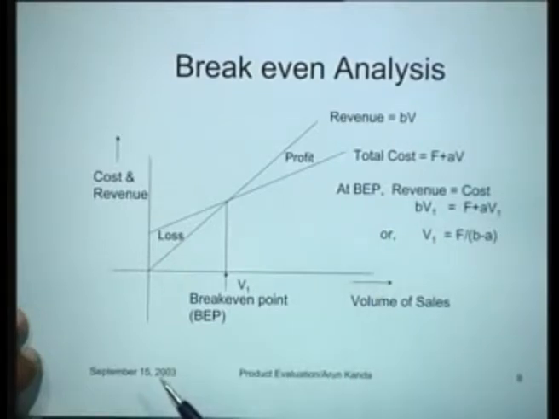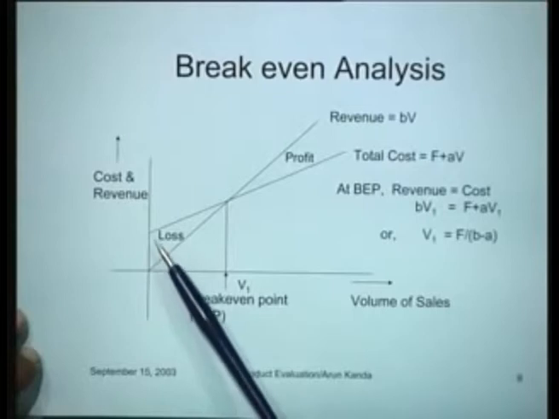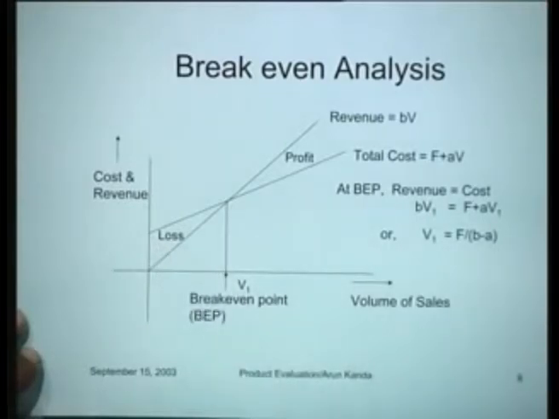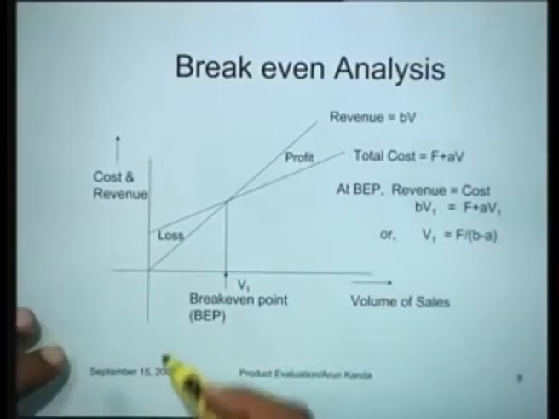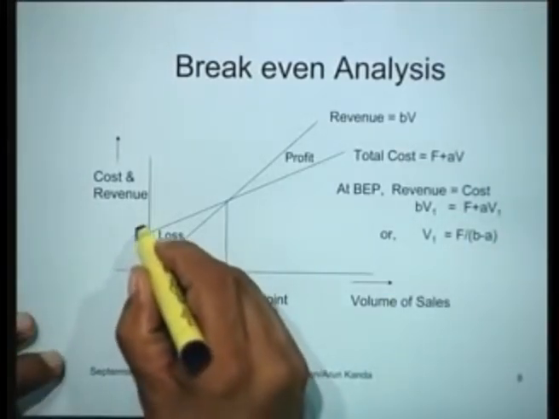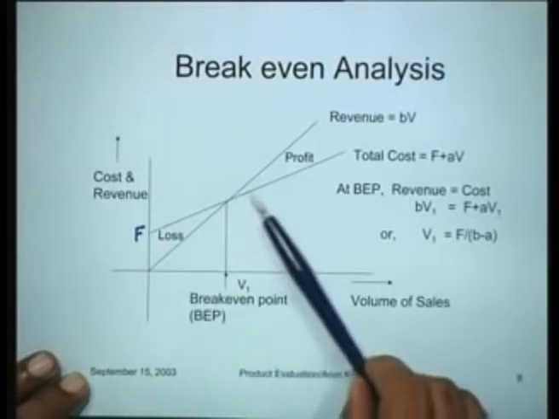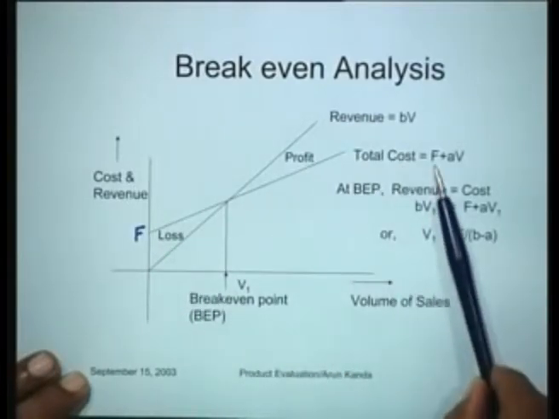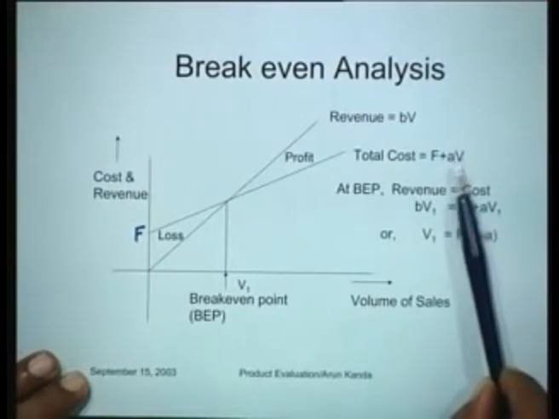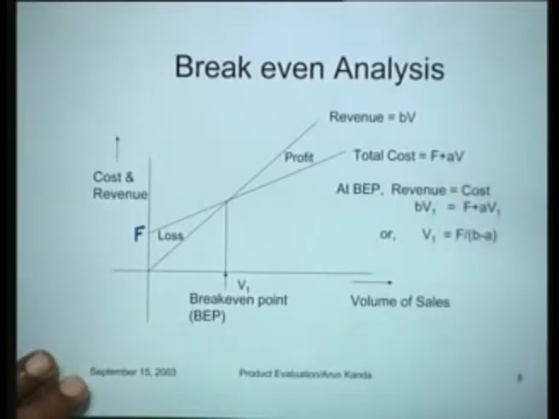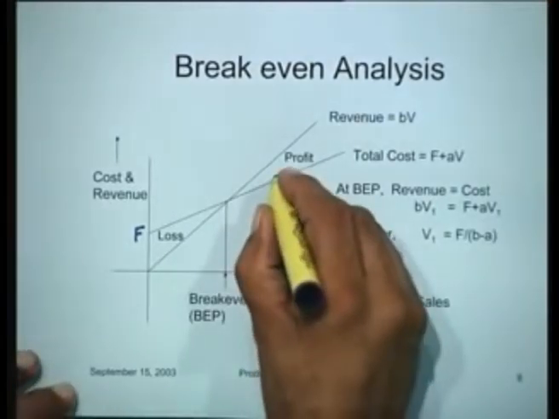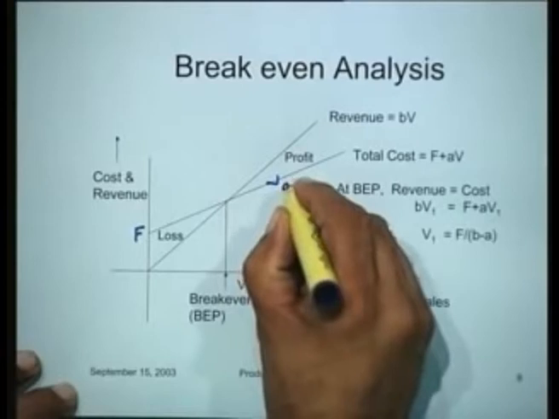So if my fixed costs are F, I would put the fixed cost F here, and the total cost would be this line here. So the total cost is the fixed cost plus AV, where A is the unit variable cost. The way we have defined it, A would be nothing but the slope of this line. This is A.